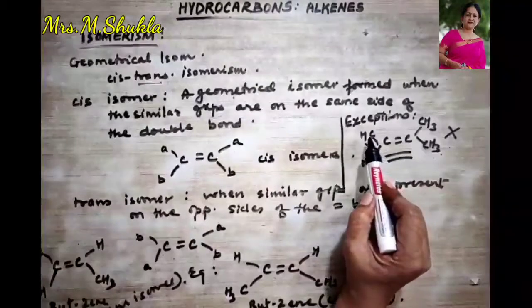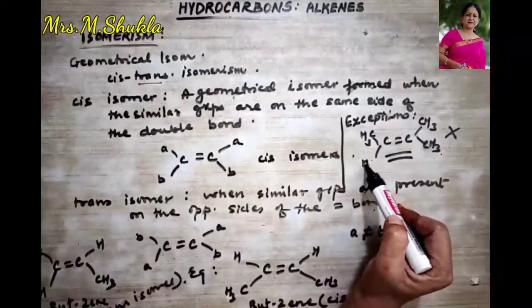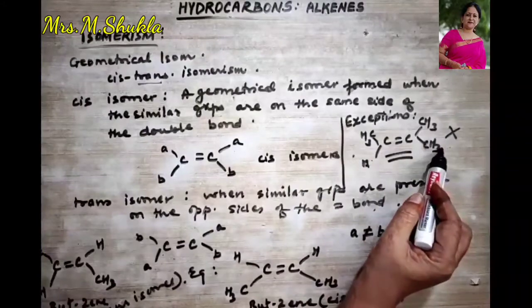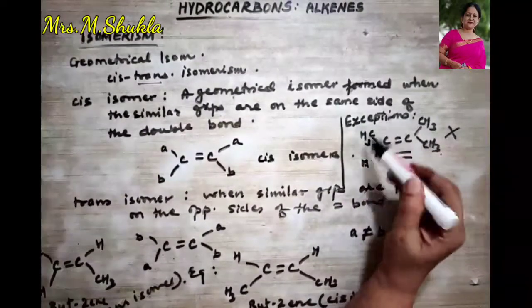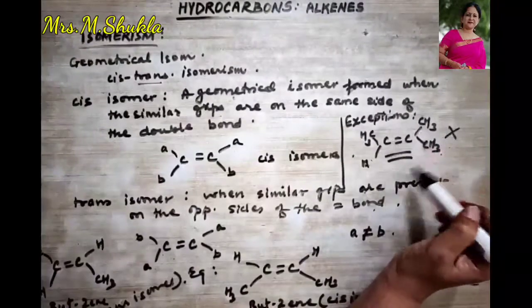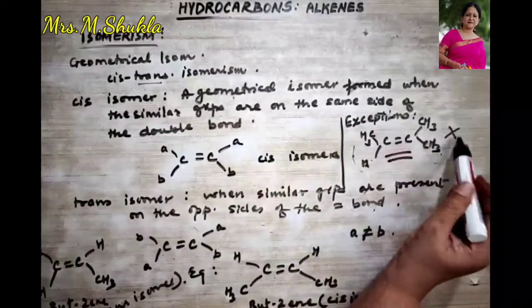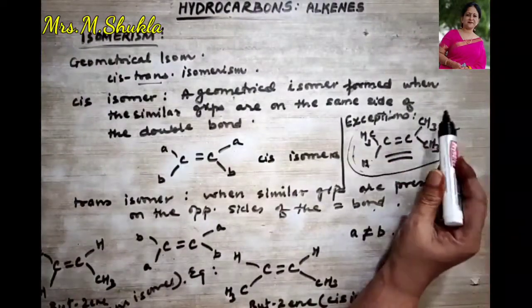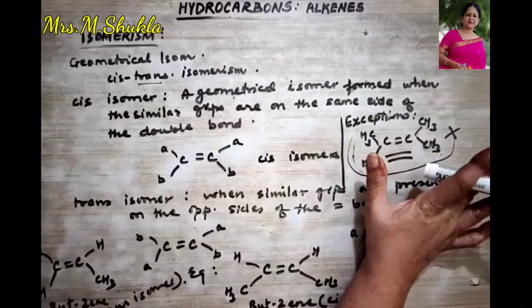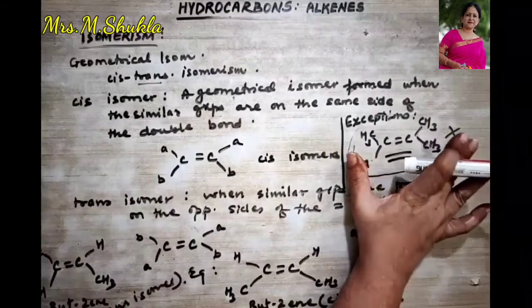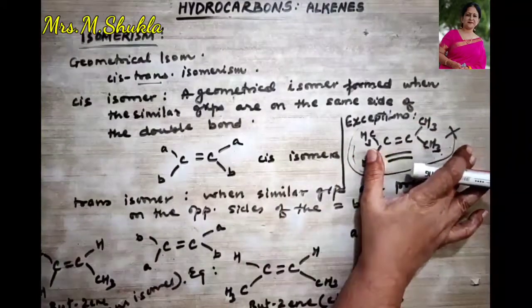And neither does it follow BBAA, right? So, in any case, this particular compound, which you name as 2-methyl-butene, also cannot show geometrical isomerism. I hope this point is very clear to everybody. Okay.